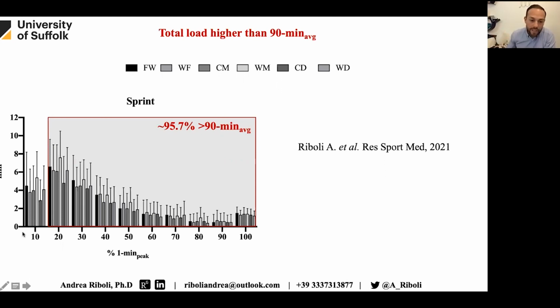So we created a relationship between different percentages of the 1-minute peak and the time spent, in minutes, at those percentages. So 100 is the 1-minute peak, and then we highlight the time spent at different percentages.